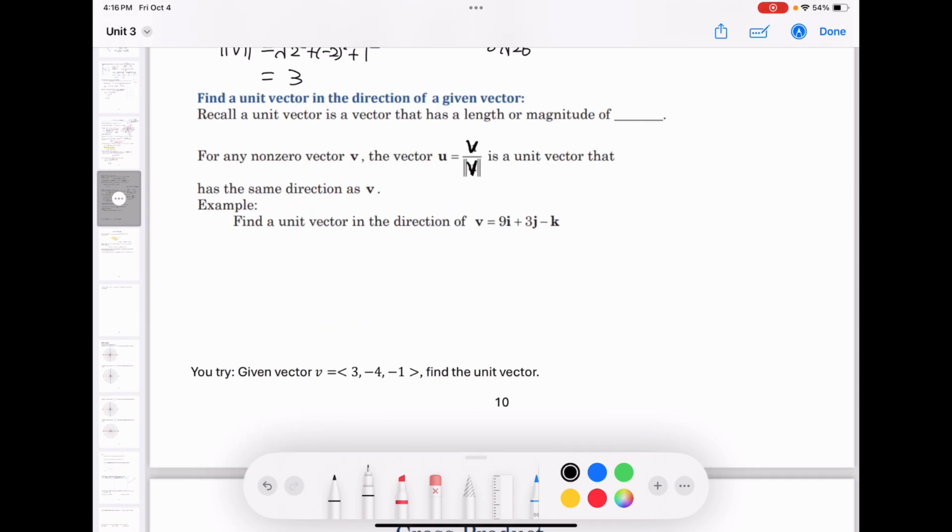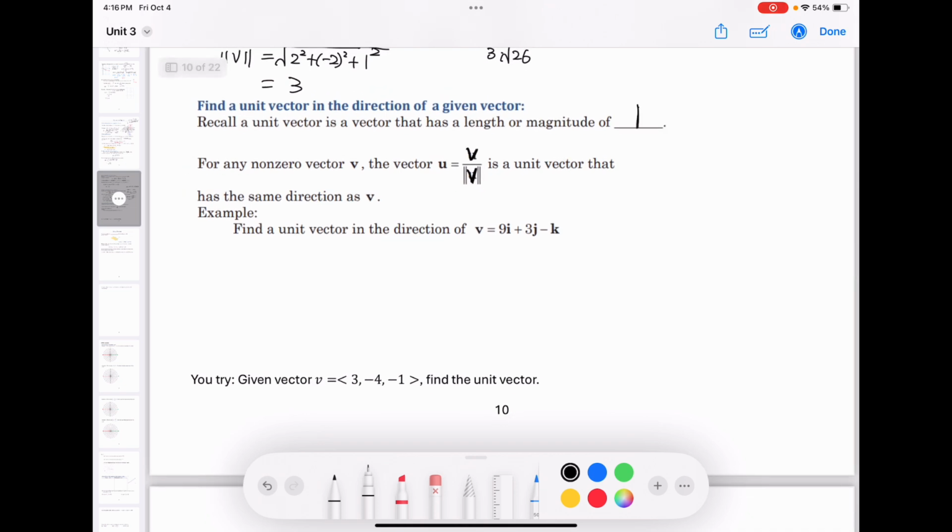Let's find the unit vector. It has the same formula to find the unit vector. The unit vector has a length or magnitude of 1, and it will have the same direction as my vector v. For example, if I move a vector to the initial point, here is the position vector v, and its magnitude, for example, is 2, and its unit vector has the same direction, but its magnitude must be 1.